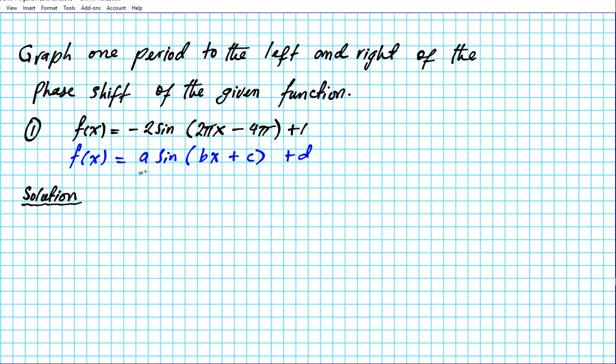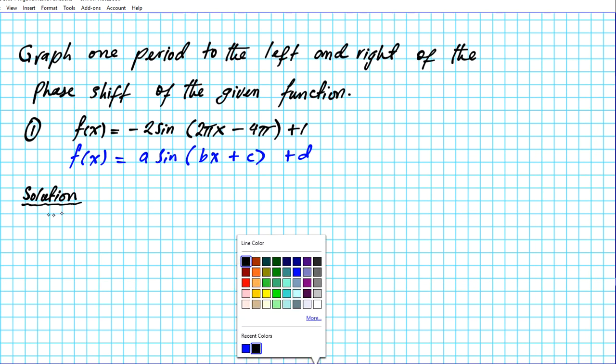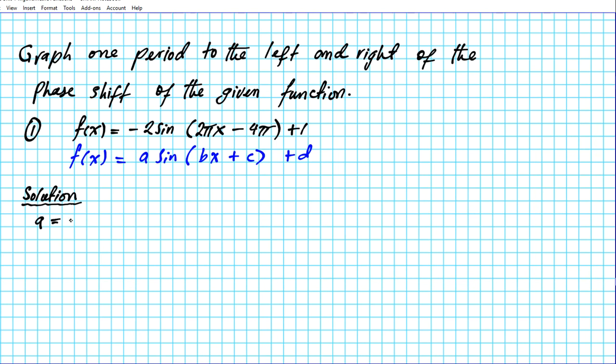With this form, we can easily identify what a, b, c, and d are. A is negative 2, b is 2 pi, c is negative 4 pi, and d is 1.